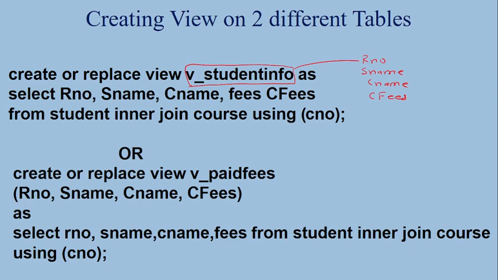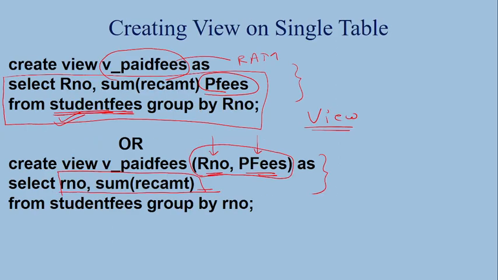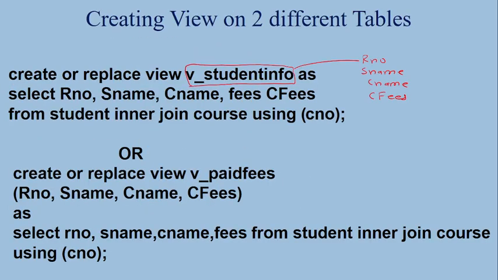So we have created one view which is v_paid_fees. This v_paid_fees contains only roll number and paid fees, and here we have created one view in which we have roll number, student name, course name, and course fees. While giving the select query we have given alias names to the columns, and we have given the column list, and then we have written the attributes which we want to select.